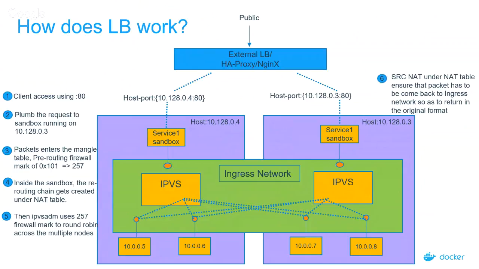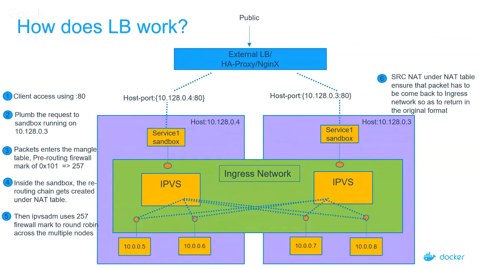These packets enter the Mangle table, where the pre-routing firewall mark of 257 happens, and all this intelligence goes on inside the sandbox. Then ipvsadm is the utility which uses the firewall mark to round robin across the multiple nodes. And this is how it load balances.